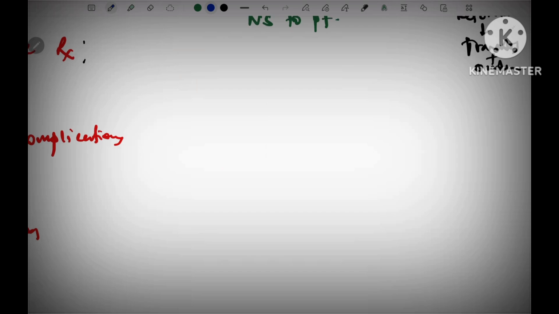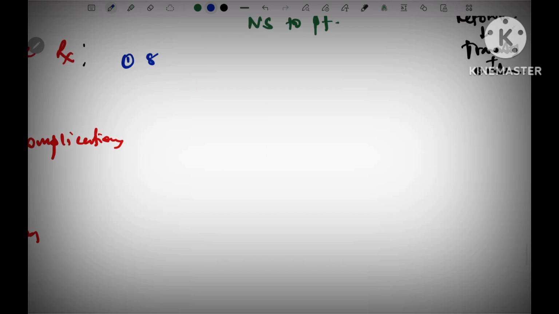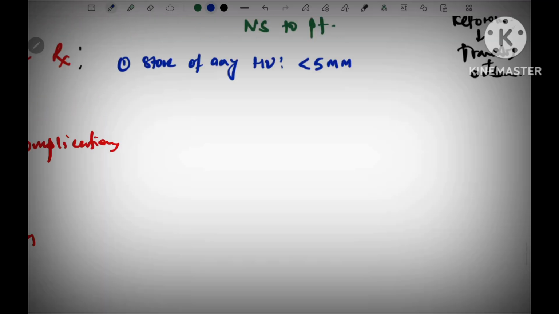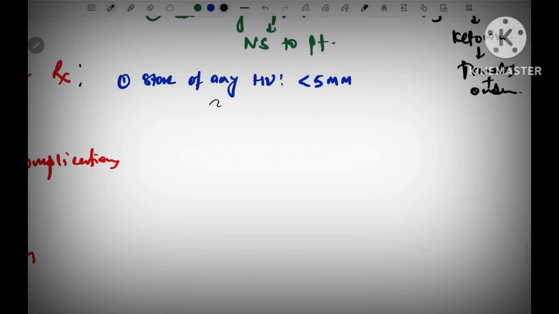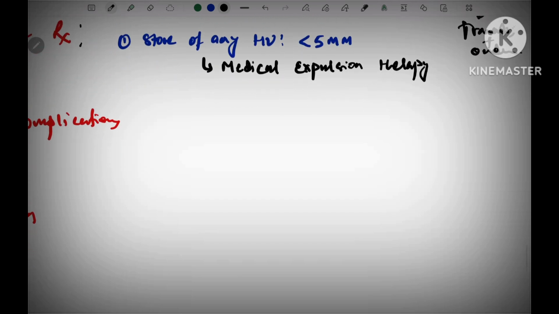Now on NCCT, if the stone is of any Hounsfield unit, no matter whether it is 1000 or 2000, if the stone is less than 5 mm, then we have to give medical expulsion therapy. No need of any surgical intervention, we can simply give medical expulsion therapy.